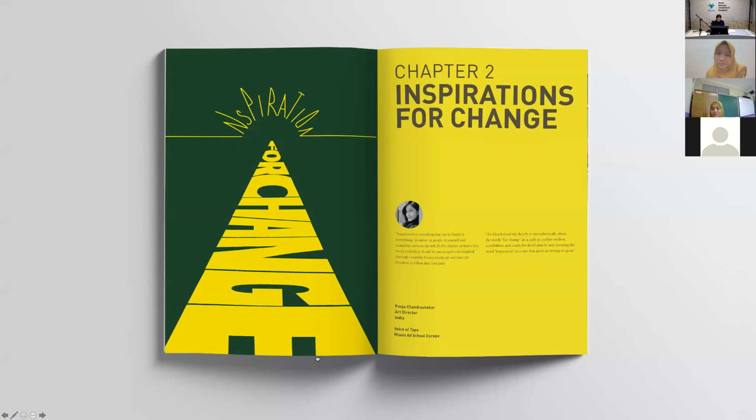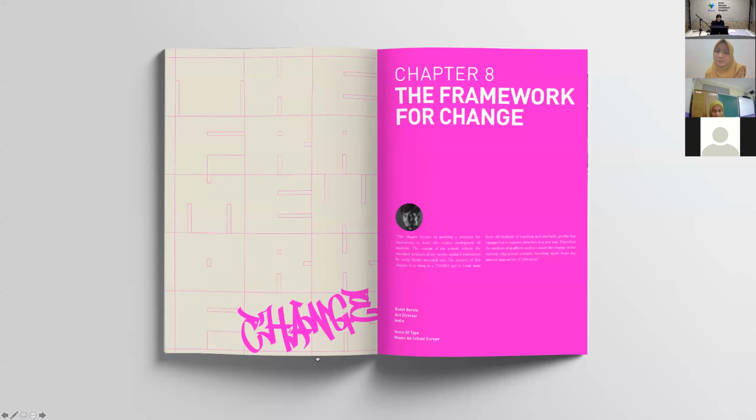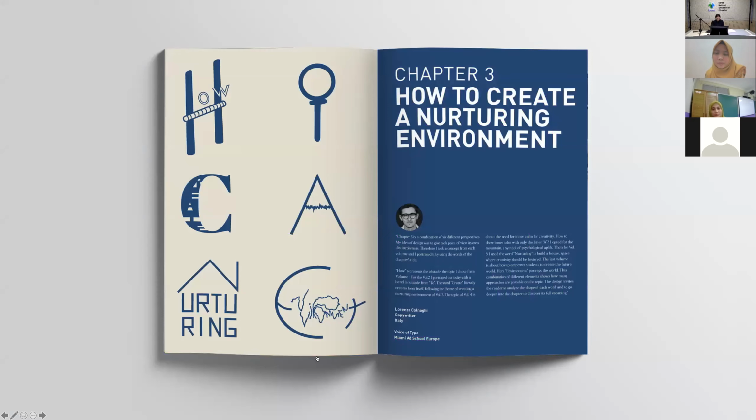There's a chapter about the framework and the power of the organizational design of the school. Then certainly there needs to be a discussion about how we can create an inspiring environment in the classroom itself. And we have 2 of these experts sitting in the room, as I mentioned.